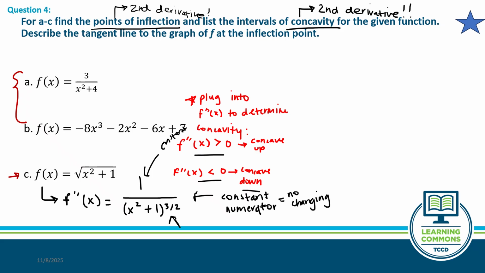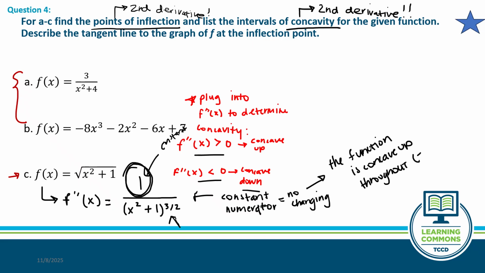And because my numerator is positive, the function is concave up throughout. So throughout its entire domain, this function essentially just goes up.